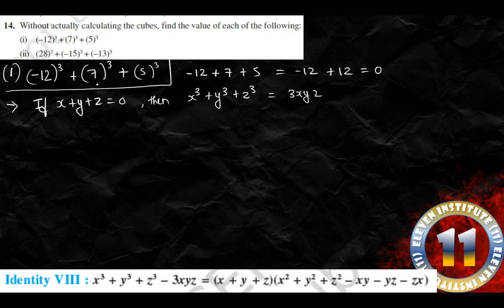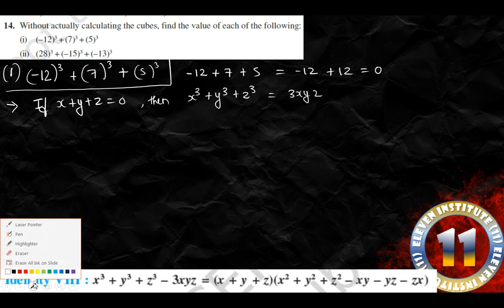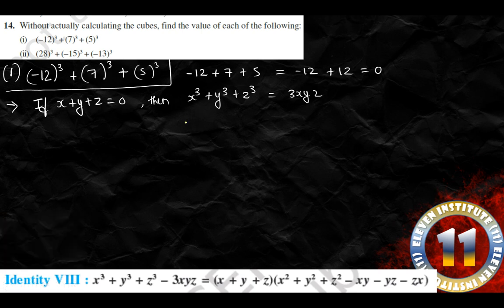So what we want to find? We want to find minus 12 cube plus 7 cube plus 5 cube. So we will write it over here. Therefore minus 12 cube plus 7 cube plus 5 cube is equal to 3 into minus 12 into 7 into 5.